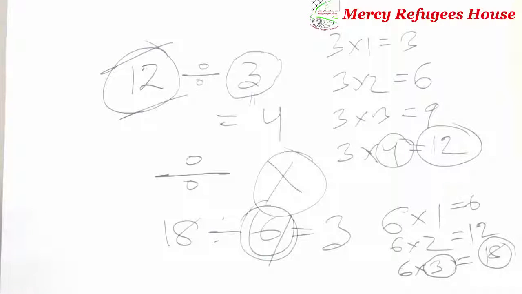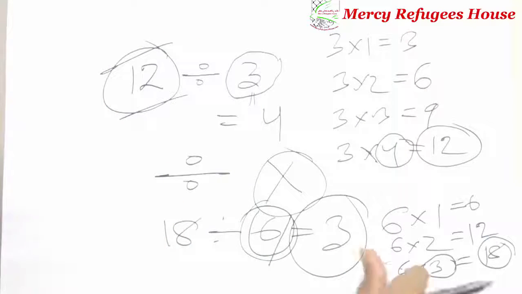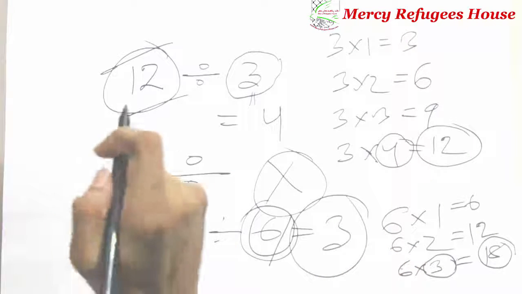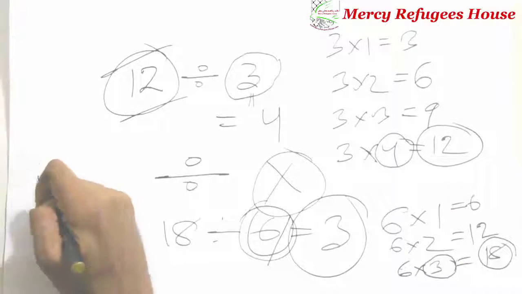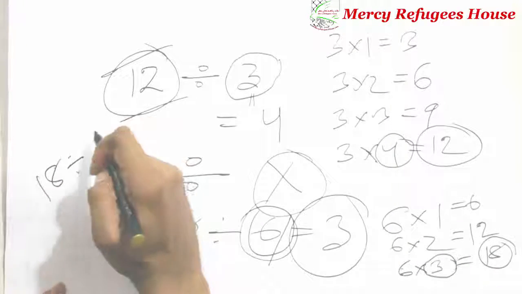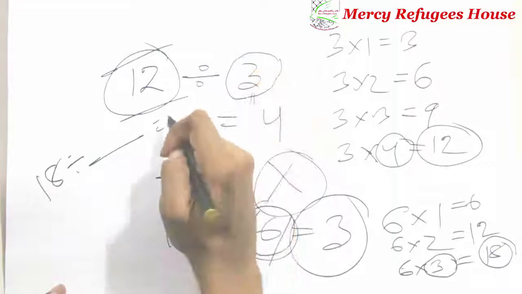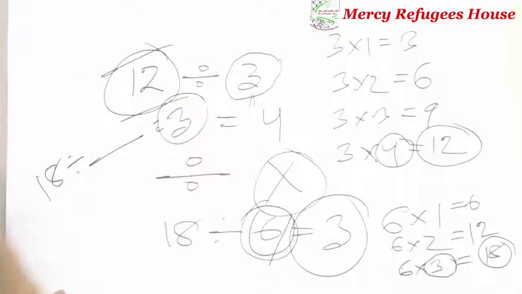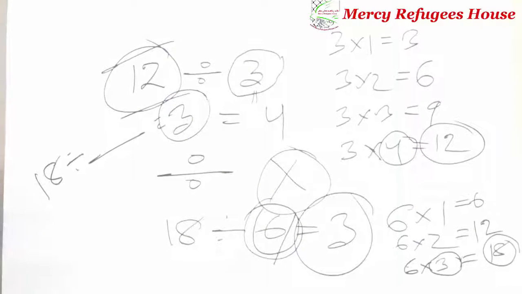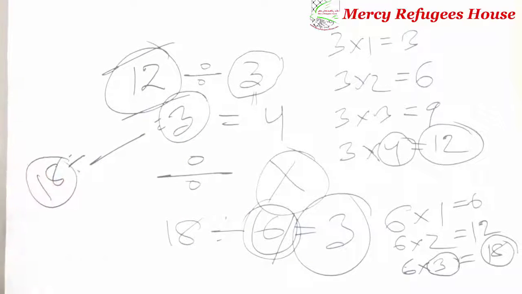you use the multiplication table of that divisor, or whatever answer you have, you use the multiplication table of that answer to get the divisor. For example, if we had 18 divided by dash equals 3, here we have the answer 3. We have the answer 3 and we have the total.